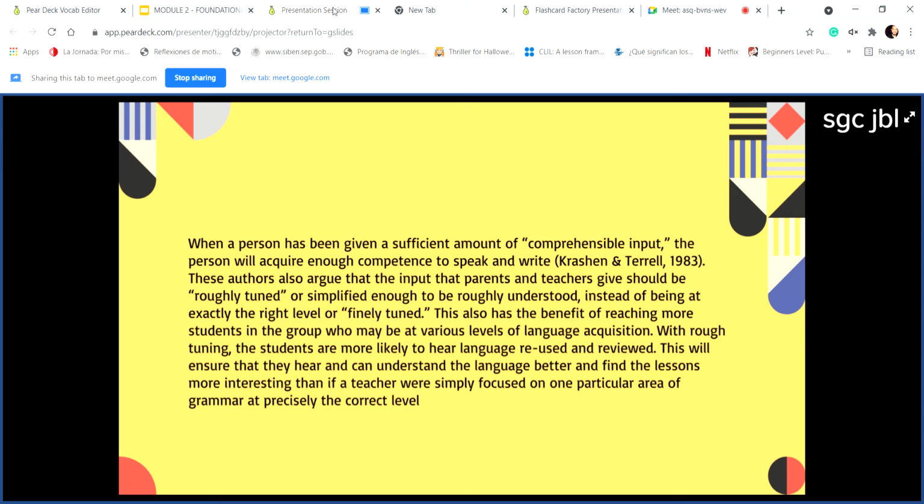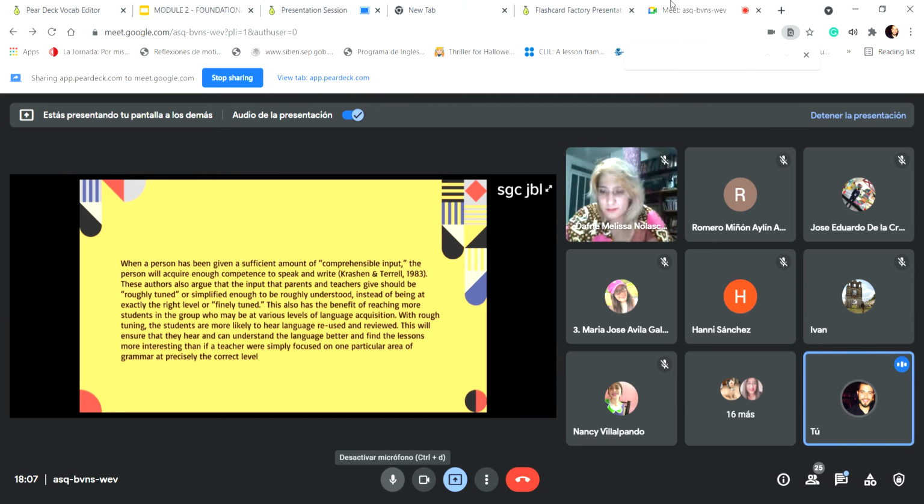Every time you check something in terms of roughly tuned, when you talk to your students, you are doing it. You are modeling the language. And when we say that we are roughly tuning something, it is that we're making it simple, simplified enough to be roughly understood, like on the edge.